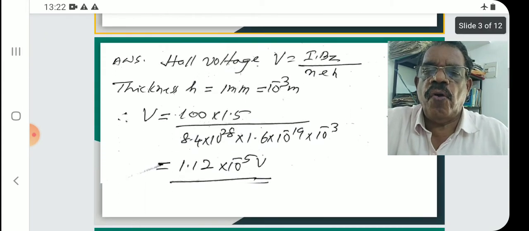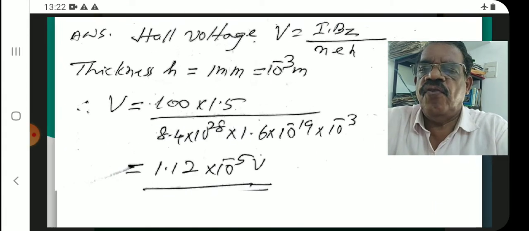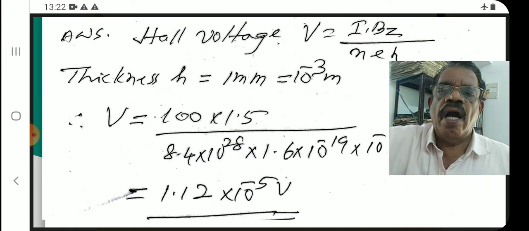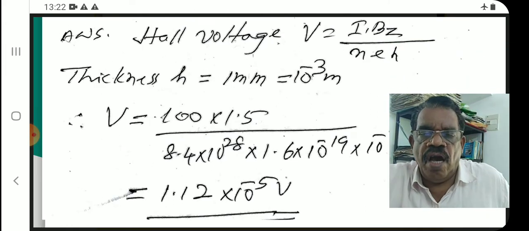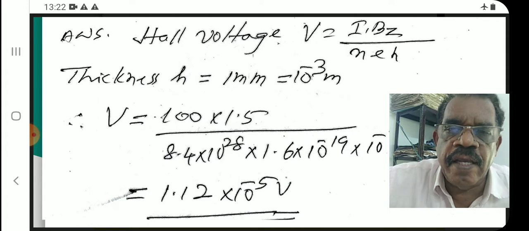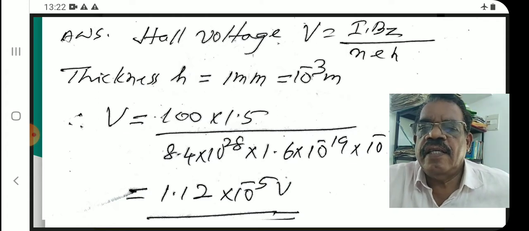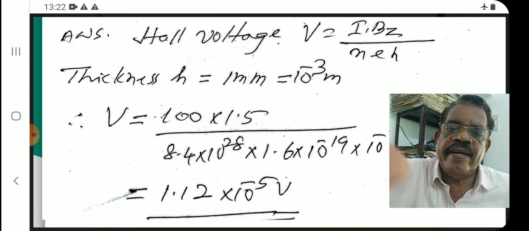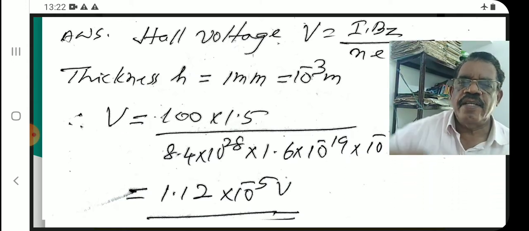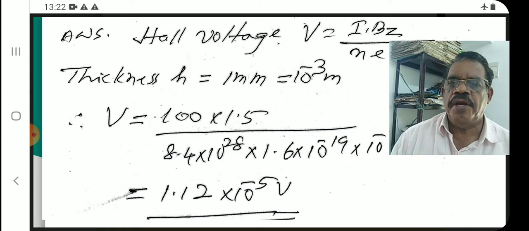So you know Hall voltage V equal to IBZ by NEH. IBZ by NEH, that is the Hall voltage. Thickness H 1 millimeter, that we convert into meter, we get 10 raised to minus 3 meter.